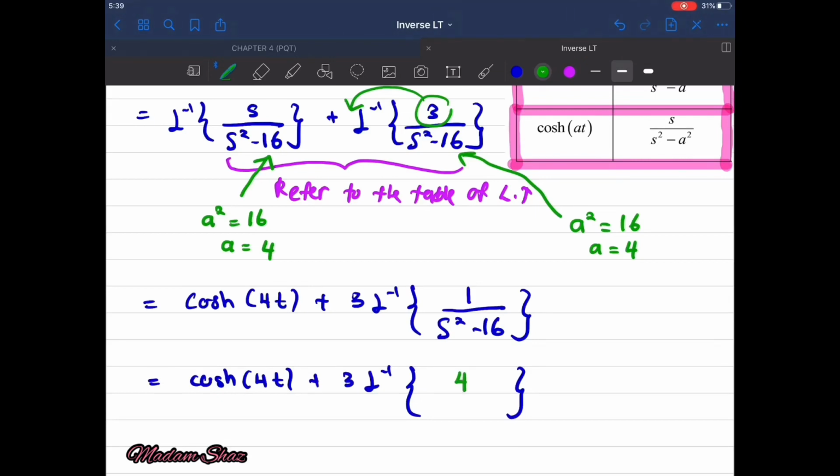So we write 4 here, means that we have to divide 4 at the front. So you can write as 16 here, or you can write as 4 to the power of 2.